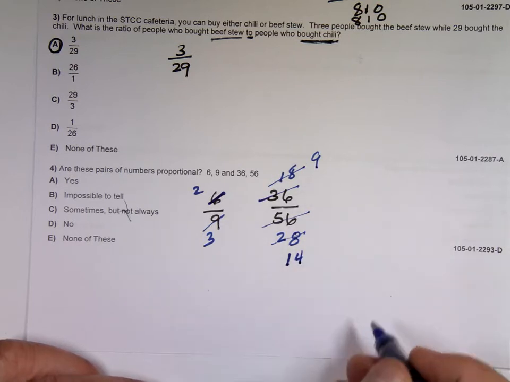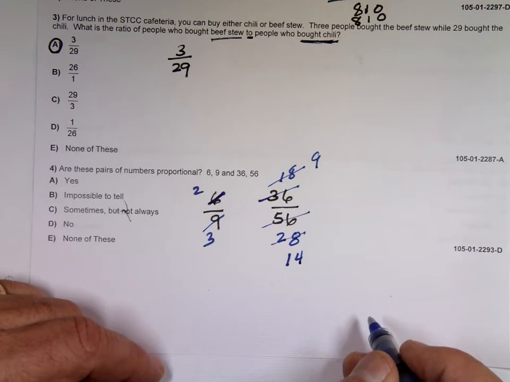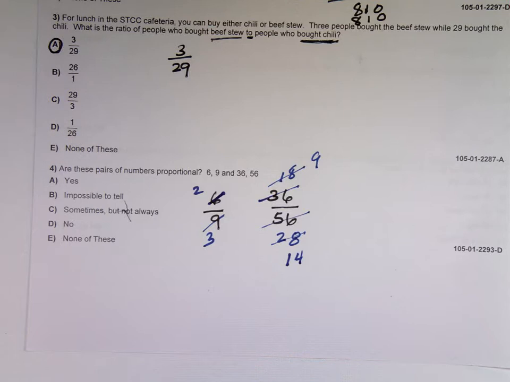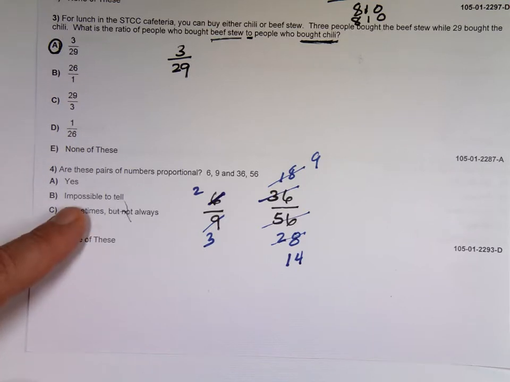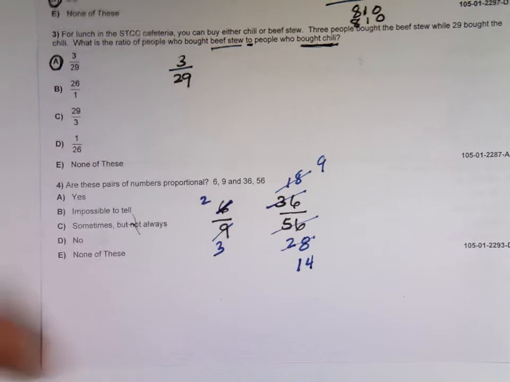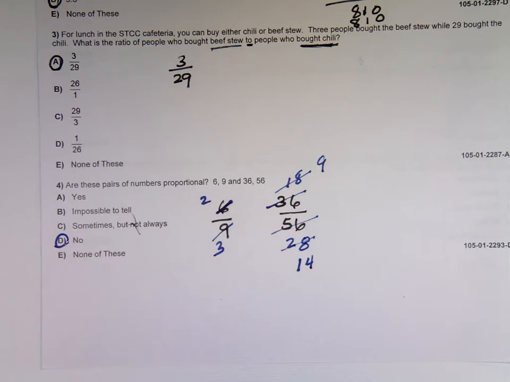Can you simplify 9 over 14 again? No. Are they equal? No. So the answer is no, it's not impossible to tell, and not sometimes. No is the correct answer.